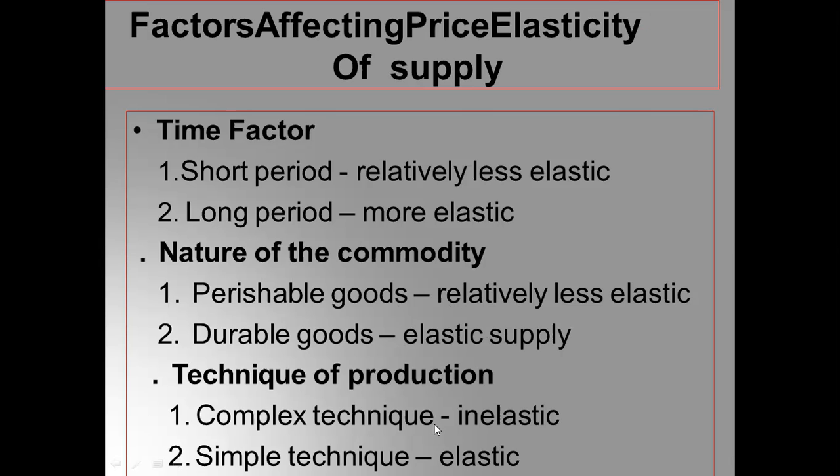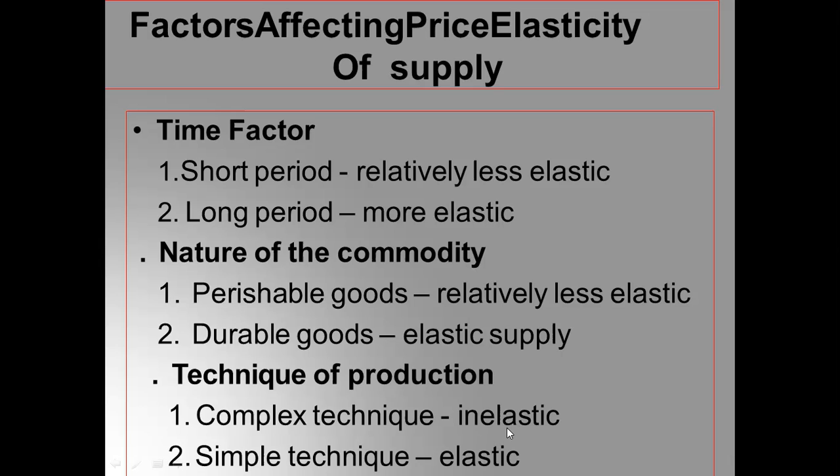Okay, then coming to the technique of production. Here they talk about how a complex technique is inelastic. If you're using a complex technique of production in your business, then the supply is going to be inelastic.